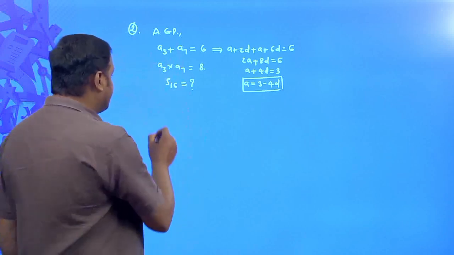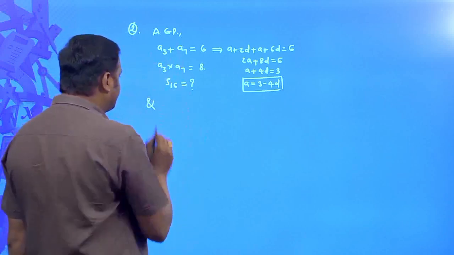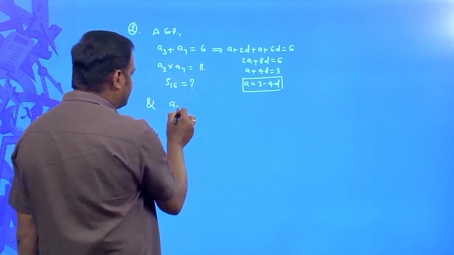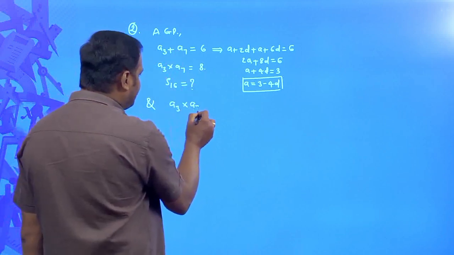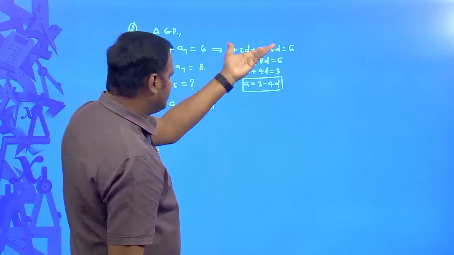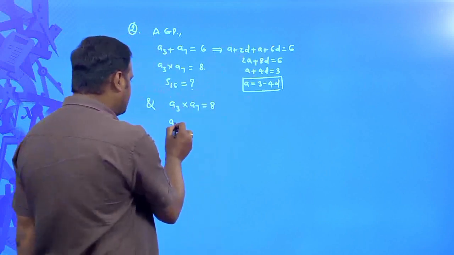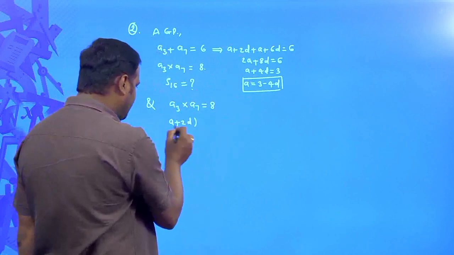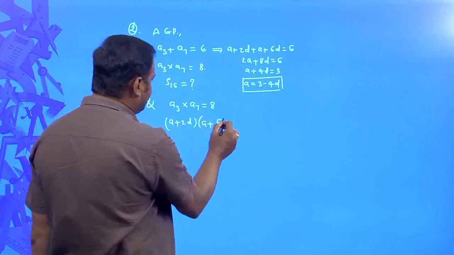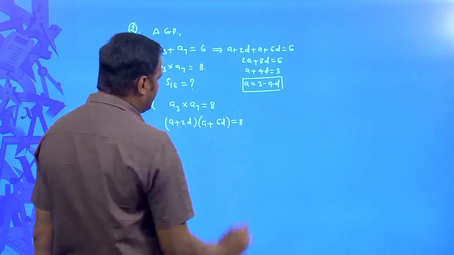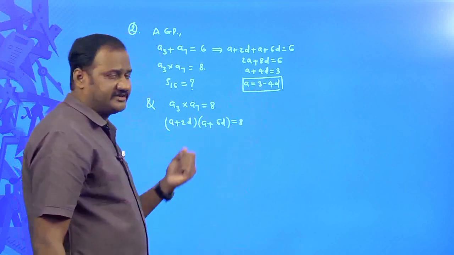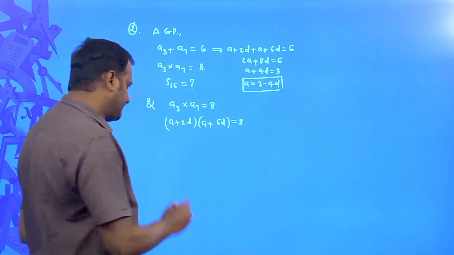And what is the second information given here? The third term multiplied by the seventh term is equal to 8. What is the formula for the third term? Again, a plus 2d multiplied by a plus 6d, the seventh term, is equal to 8. But we know the value of a is equal to 3 minus 4d, right. Let us substitute a is equal to 3 minus 4d here.